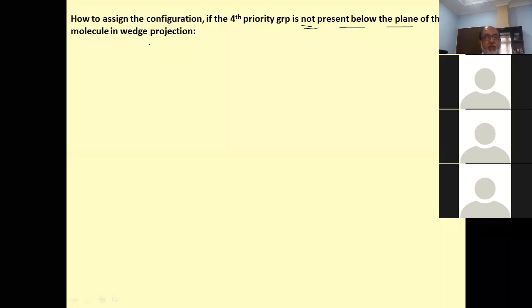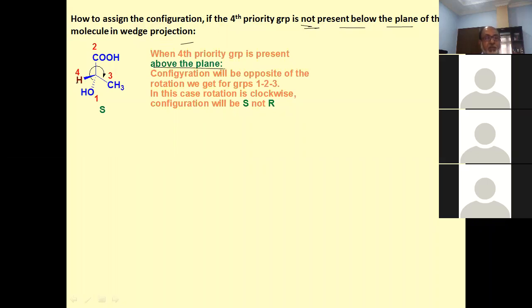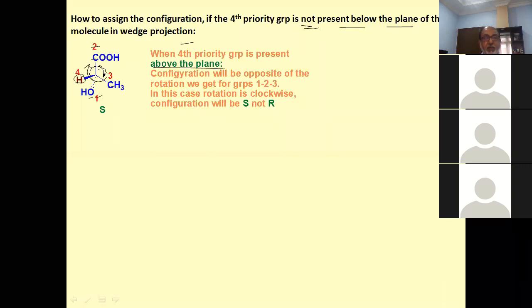So there are different situations. Suppose the fourth priority group is present above the plane. Then what has to happen? Suppose OH is here behind the plane, COOH is here, and H is above the plane. Now you give the priority 1, 2, 3. The rotation is clockwise.